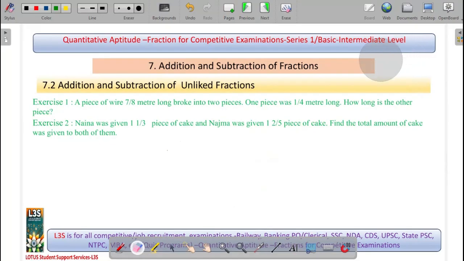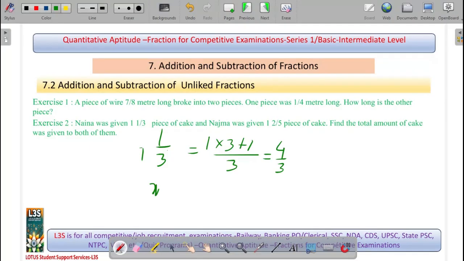Now Naina was given 1 and 1 by 3 pieces of cake and Nazma was given 1 and 2 by 5 pieces of cake. Find the total amount of cake given to both of them. First, these are mixed fractions, so we have to convert them into improper fractions. So first, 1 and 1 by 3 is equal to 1 into 3 plus 1 by 3, so this will be 4 by 3.